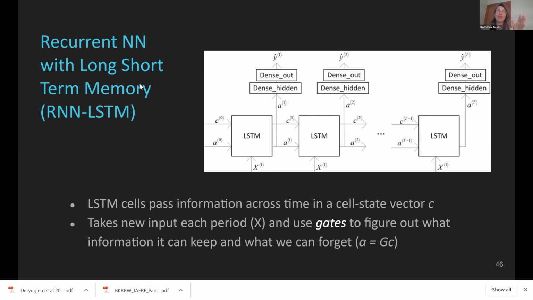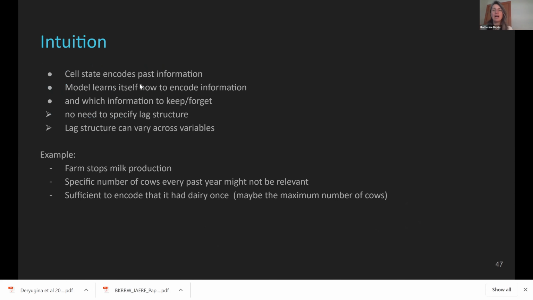This approach flexibly picks up which of the past activities matter from various different stages. But it also can figure out what stuff doesn't matter, which turns out to be very important as well. So each cell is encoding past information, and the model's learning which information and which coding is the most important.